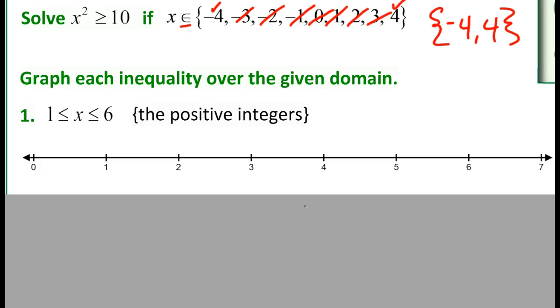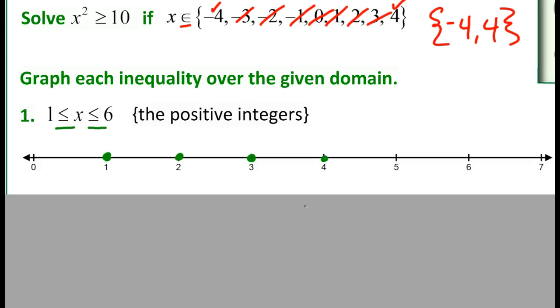Hopefully you realize when I look here that I have less than or equal to, less than or equal to. So this is saying they want the positive integers between the numbers 1 and 6, and we're including 1 and 6. So remember, integers are only the numbers and their opposites. It doesn't include fractions or decimals.